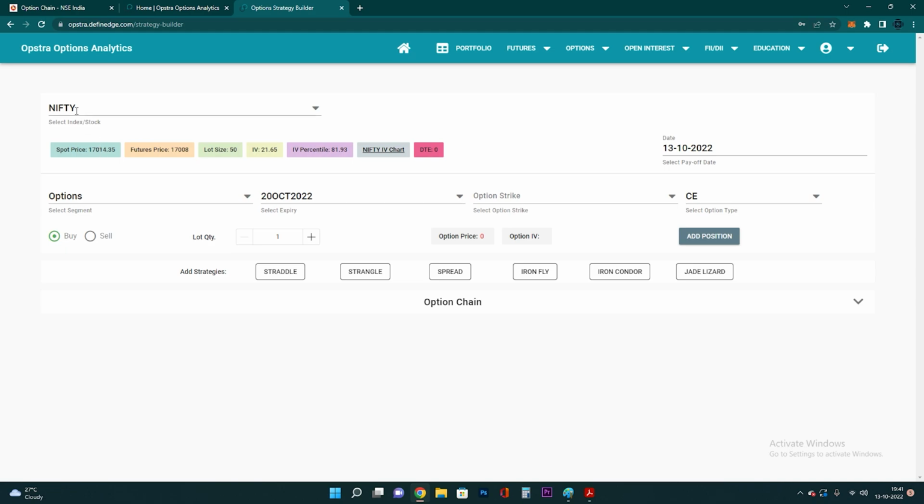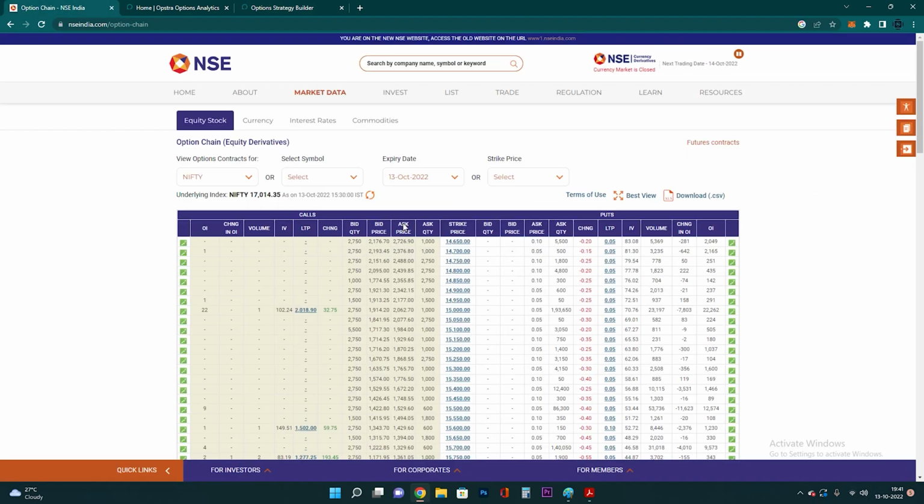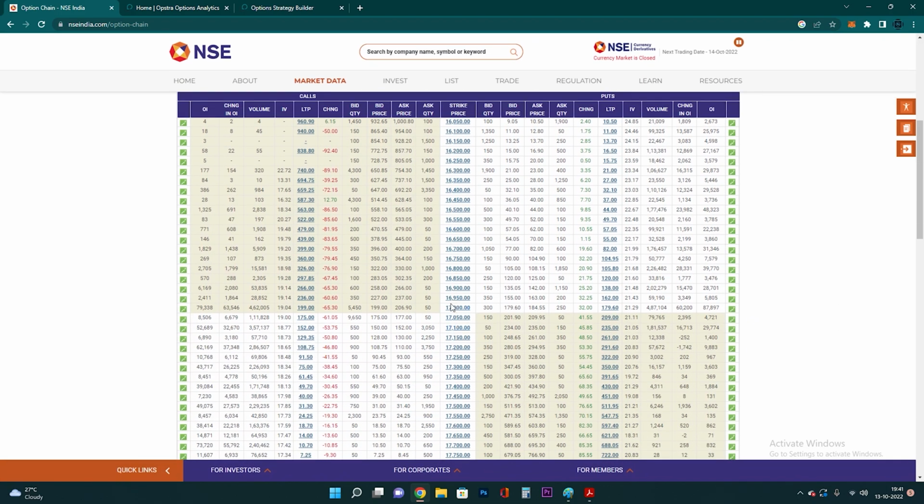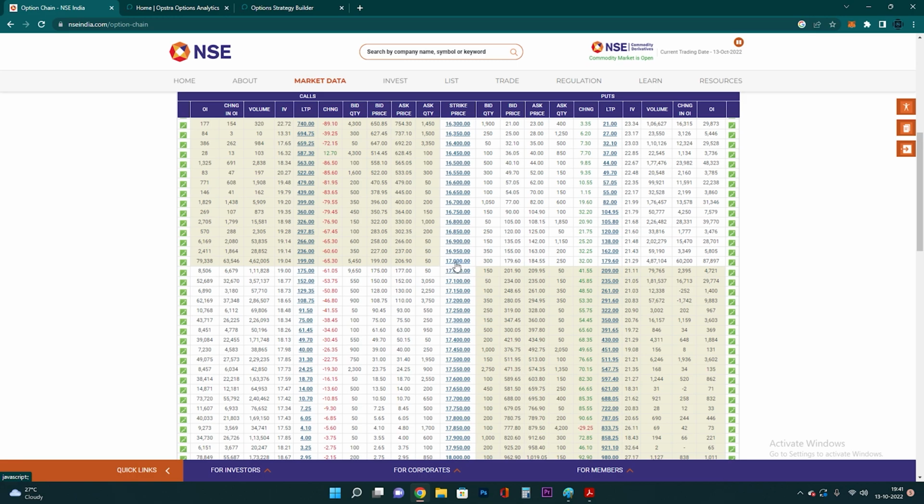Here I have chosen Nifty options. I have chosen 20 October as the expiry, and the spot was around 17,000. See here, 17,000 is the spot. So what is out of the money for call options? These are all out of the money.